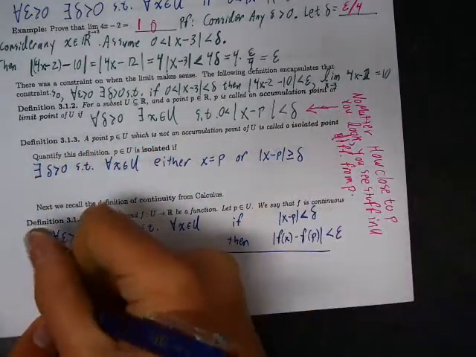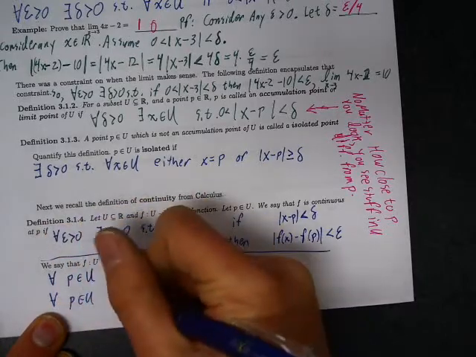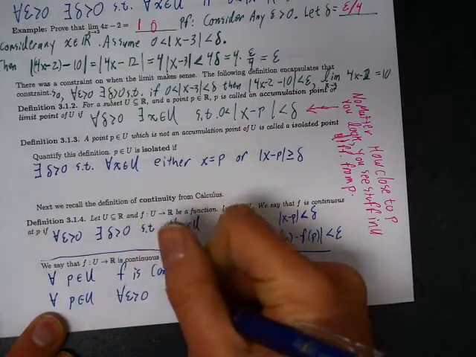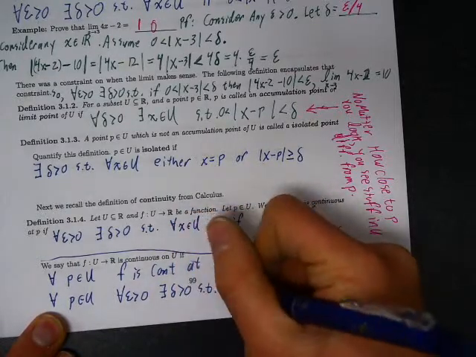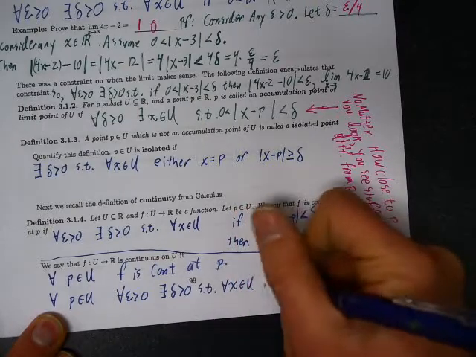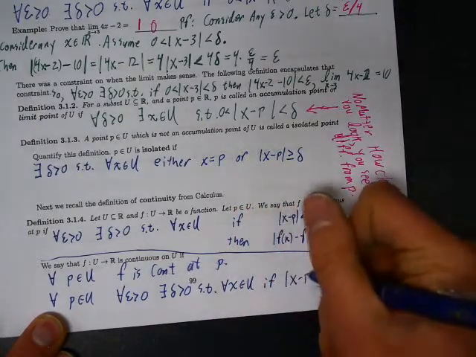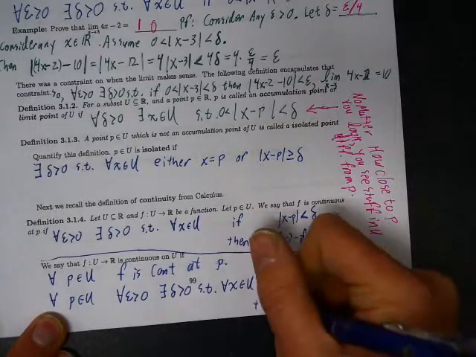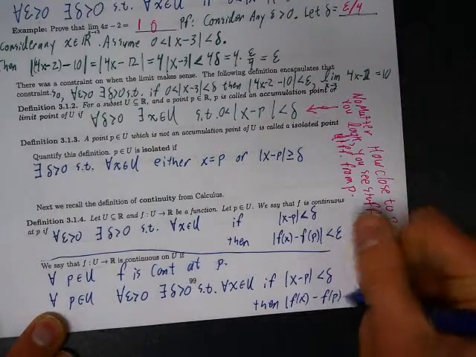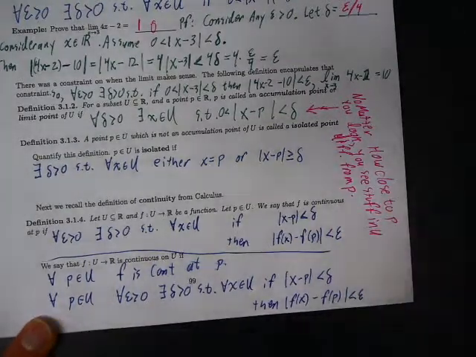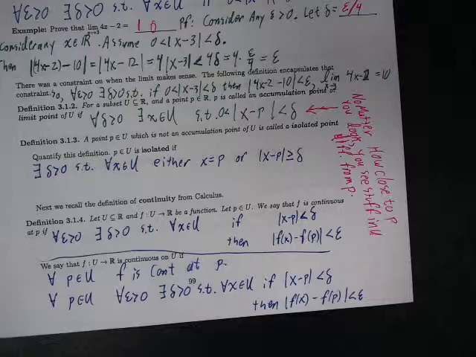Or said a different way, for every p in U, for every epsilon bigger than 0, there exists a delta bigger than 0, such that for every x in U, if the absolute value of x minus p is less than delta, then the absolute value of f of x minus f of p is less than epsilon. So these two lines are literally the exact same. All I've done is expand the definition of f is continuous at p.